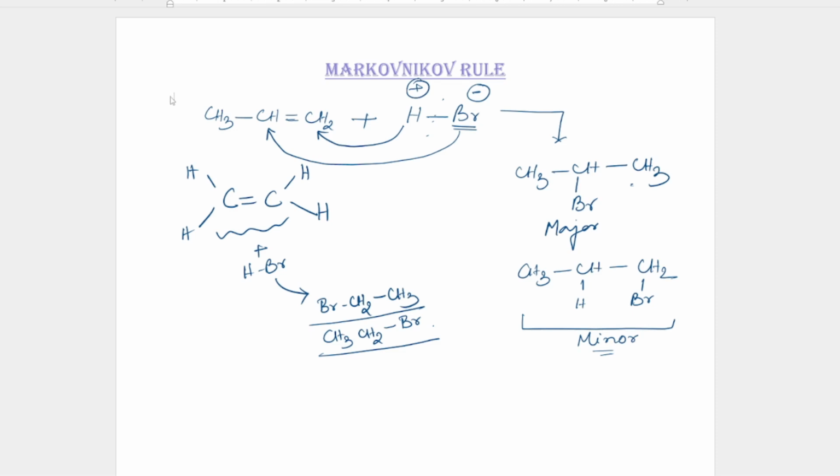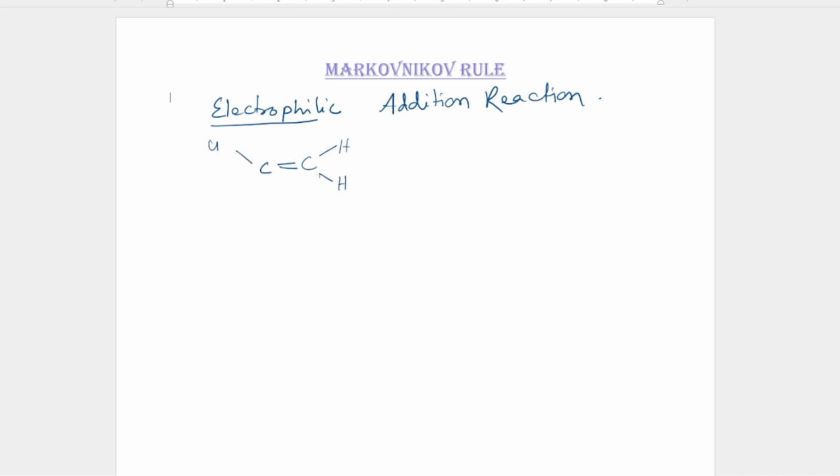Now the next part comes, that is the electrophilic addition reaction. So what is actually an electrophilic addition reaction? See that this is a double bonded carbon atom, whereas there will be a pi cloud.